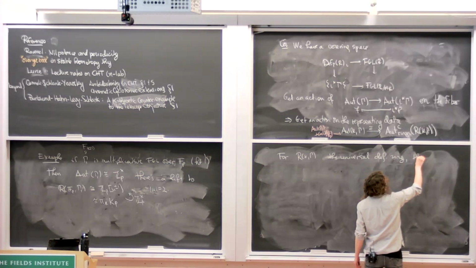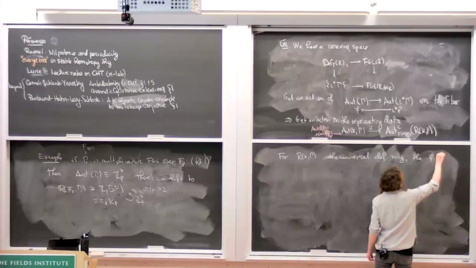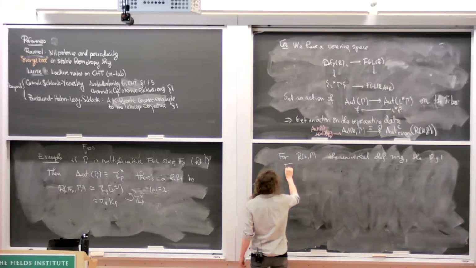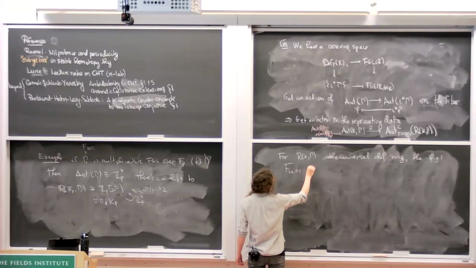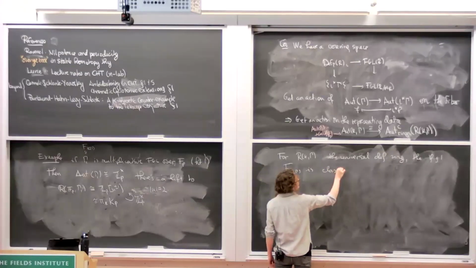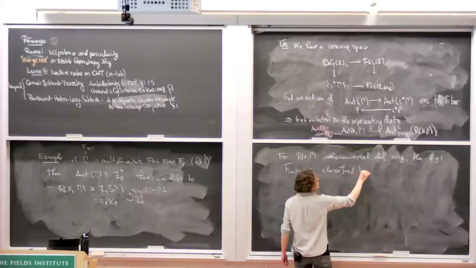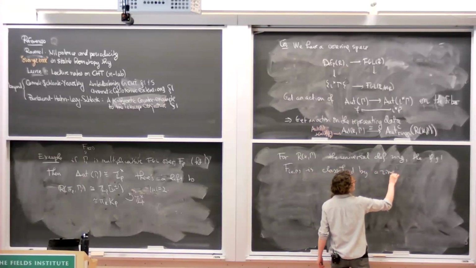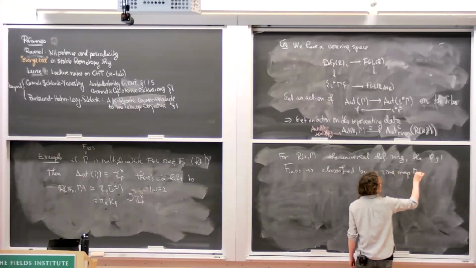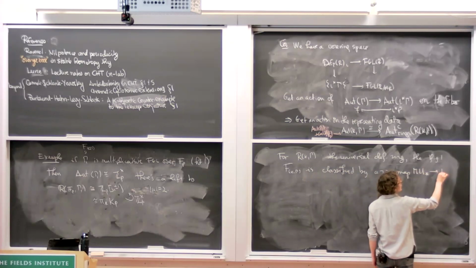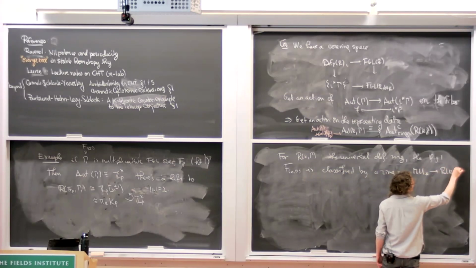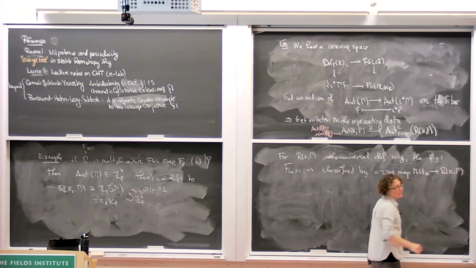The formal group law of K gamma is classified by a ring map from MU star to K gamma.